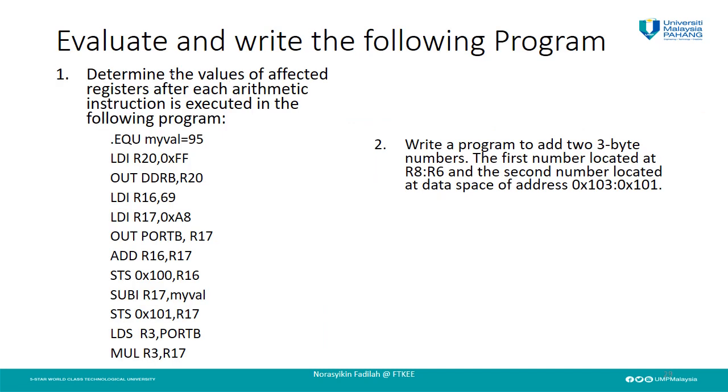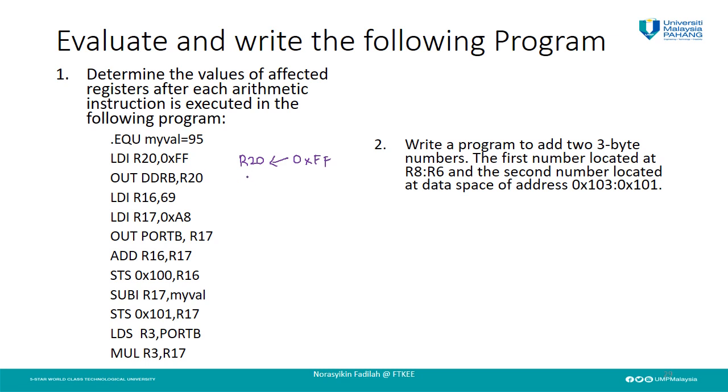For this you need to evaluate the program here. So basically how to evaluate is, for every line you need to be able to know which register is affected. For example, let's say we have LDI R20, hexa FF, so we have the value of FF loaded into R20, and then we have OUT DDRB, R20.